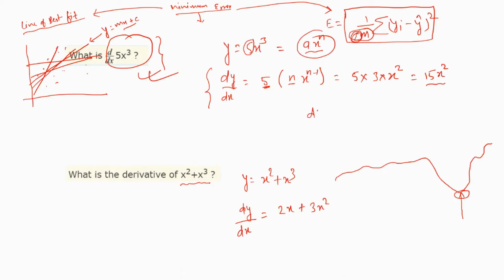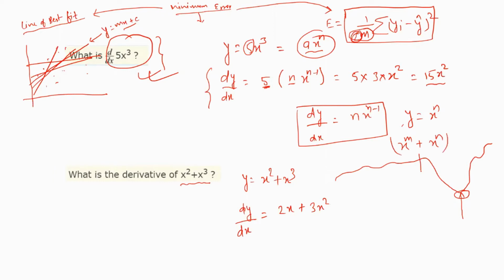Okay, so dy by dx will be equal to n into x to the power n minus 1. This is the formula where y is given as x to the power n. Now we can apply this when something like x to the power m plus x to the power n is given, and we have to find the dy by dx. How will you find that?